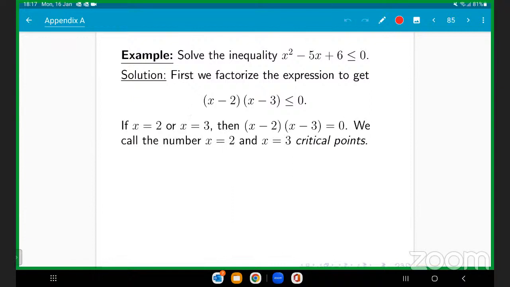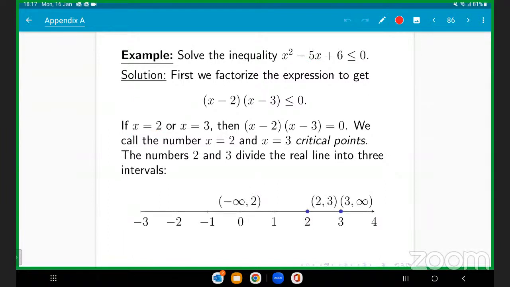So we have that in the equation x squared minus 5x plus 6 equals 0, there are two solutions, x equals 2 or x equals 3. These numbers are called our critical numbers, or critical points. We get all our critical numbers and we split up the real number line into as many pieces. So here we have two critical numbers.